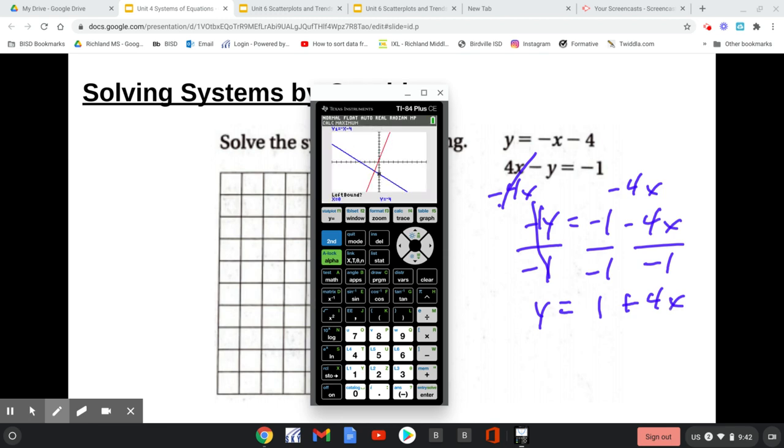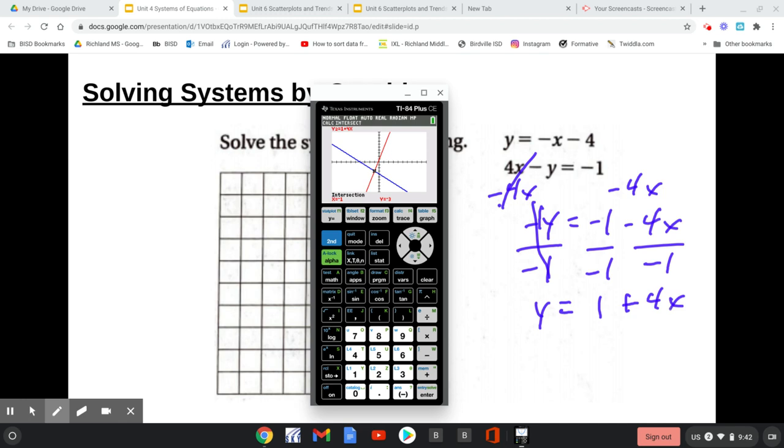Whoops, I hit the wrong one. Okay, I'm not sure what happened. I'm going to hit second trace, and yeah, we hit number 4. We're going to hit 5. We're going to hit enter, enter, enter. And we can see the intersection is x is negative 1 and y is negative 3.